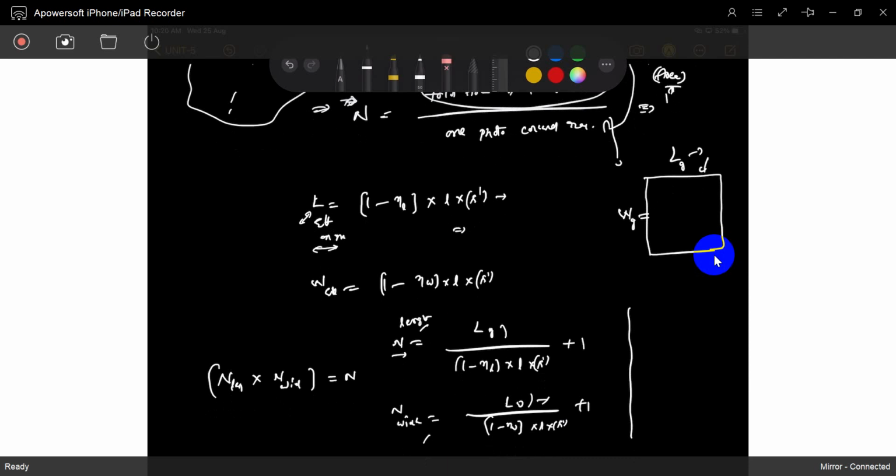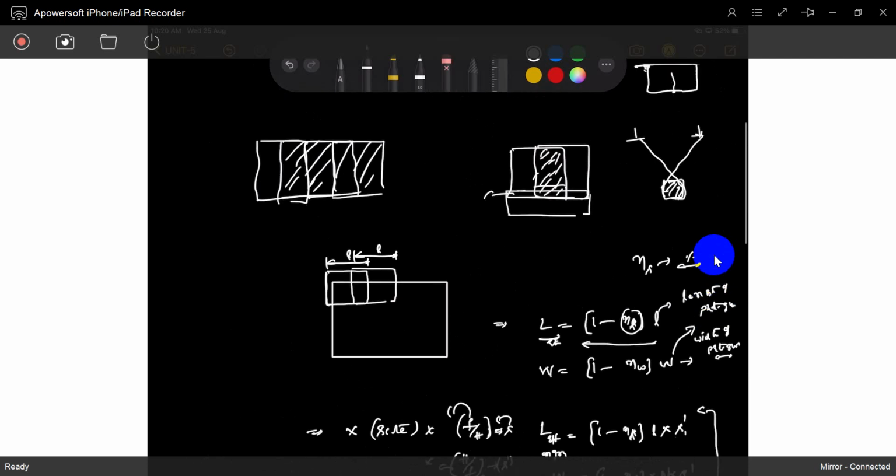Sir, why is there 1? See, if you take an edge, if one photo is taken like this, we have to cover this off portion again. So again we take this photograph like this, and in this also we have to take a first part. We require this photo's off portion, again this off portion, effectively covering the total area. So we require one extra photo.